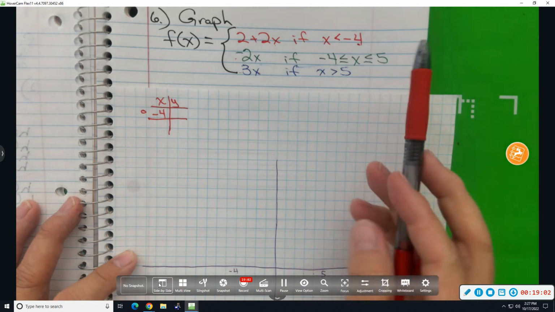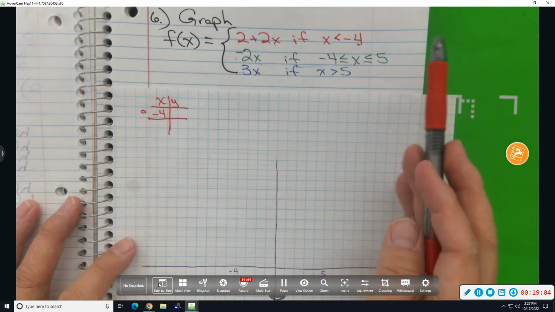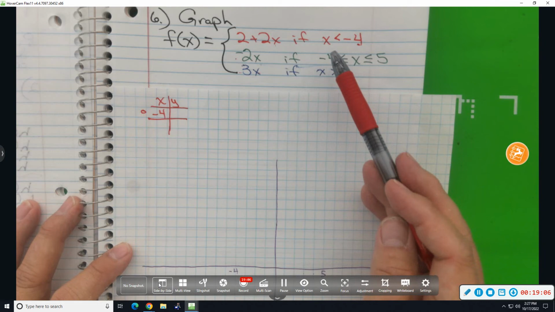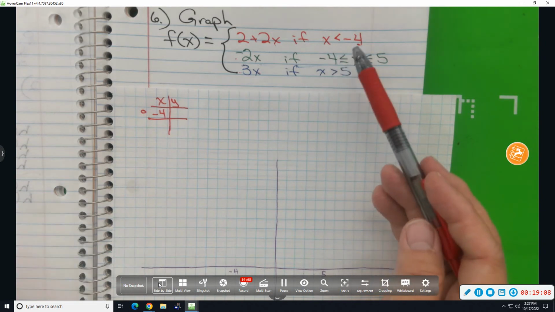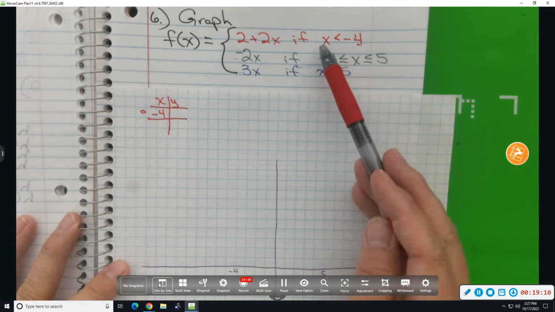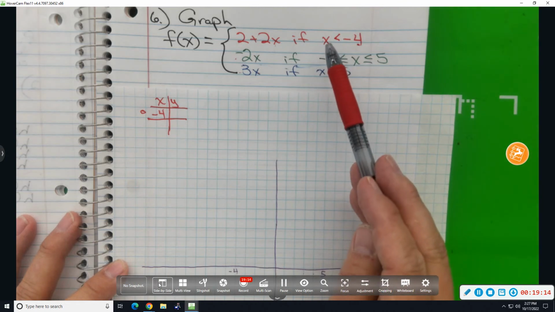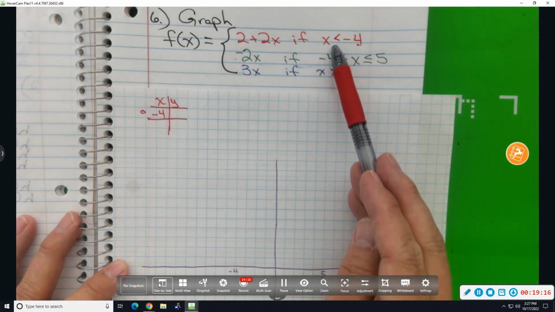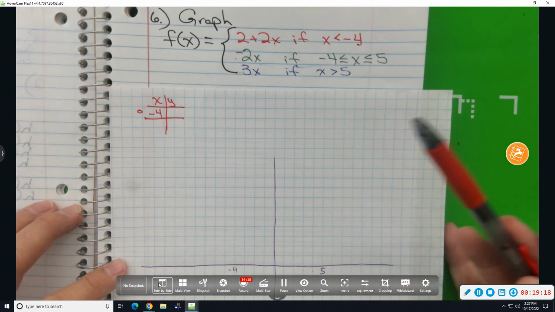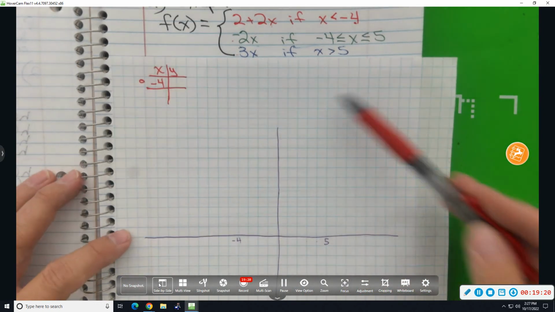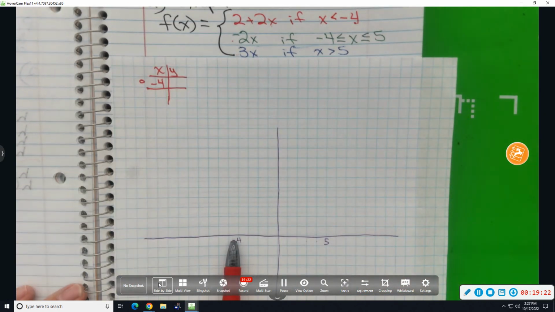We said that we needed 2 points to draw a line, so we need another x value. Now, generally, my favorite number to use for x is 0, but I can't use 0 on this red piece. I have to choose a number that's actually less than -4. Here we are. There's -4 on the x-axis. I need a number over here to the left of -4.